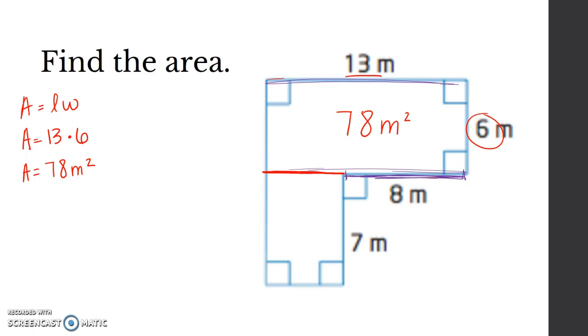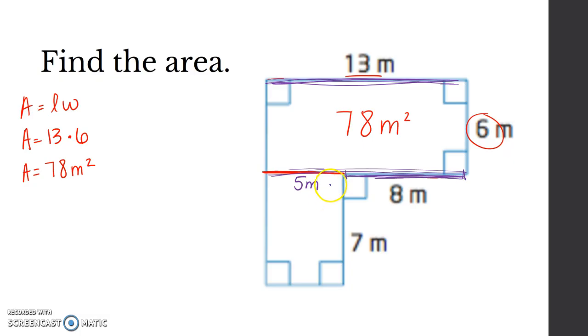The whole thing has to be 13, and we're already given 8, so we take 13, subtract 8 from it, and we end up getting 5. So the length of the line that I drew on this shape is actually 5 meters, because our 5 plus this 8 is a total of 13. And we know this whole side has to be 13 because the parallel side on this rectangle is also 13.